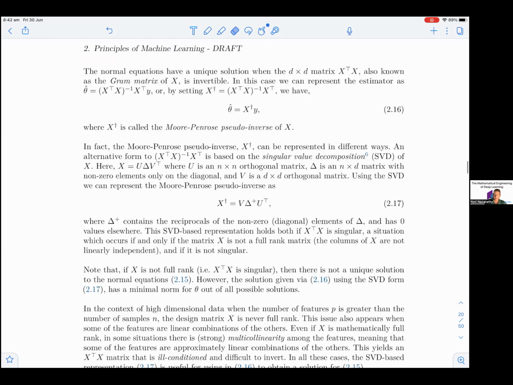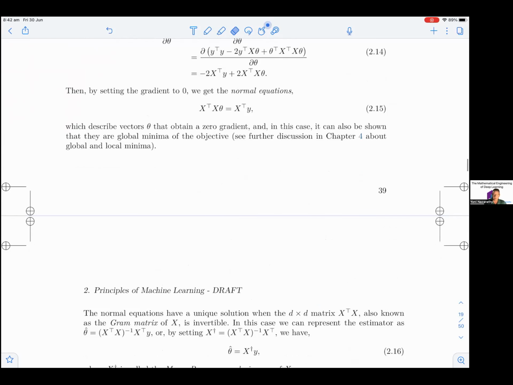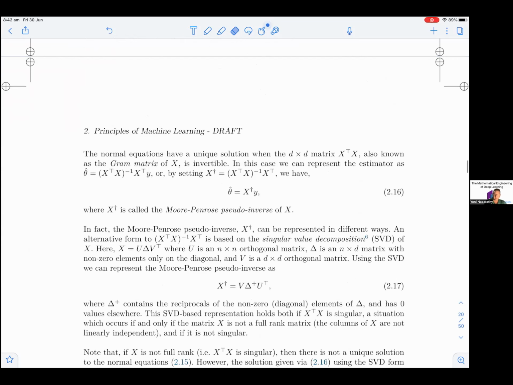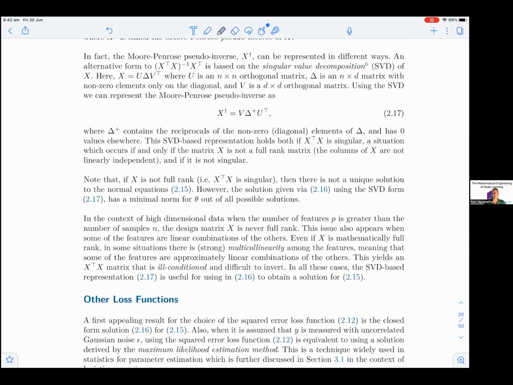Now we're getting into a few details, which can certainly be skipped on the first reading. In fact, the Moore-Penrose pseudo-inverse X dagger can be represented in different ways.